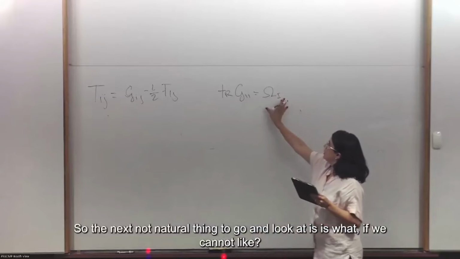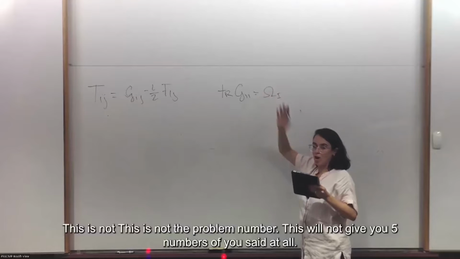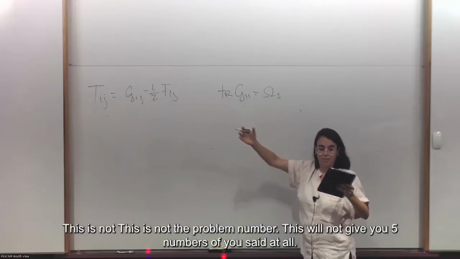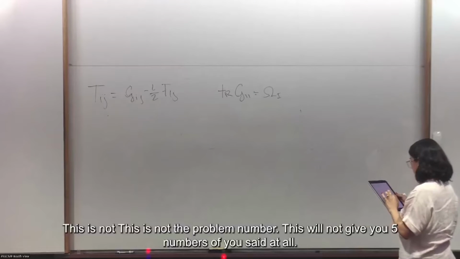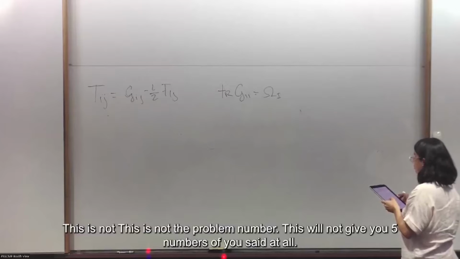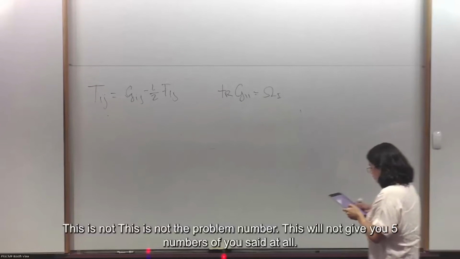And this number is something that quantifies how fat your states are. So that's the spread of the Wannier function.